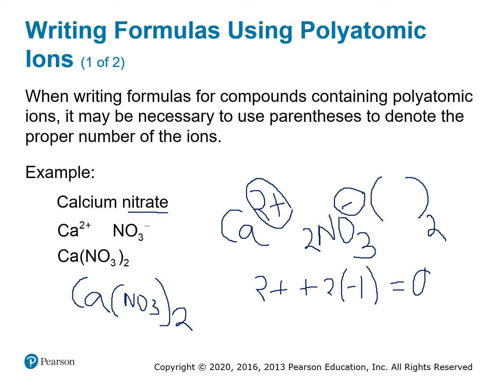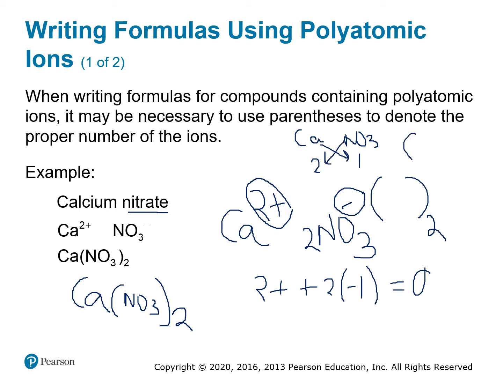You can also use something called the crisscross method. The charge on calcium is 2, and the charge on nitrate is 1. Then you crisscross these.